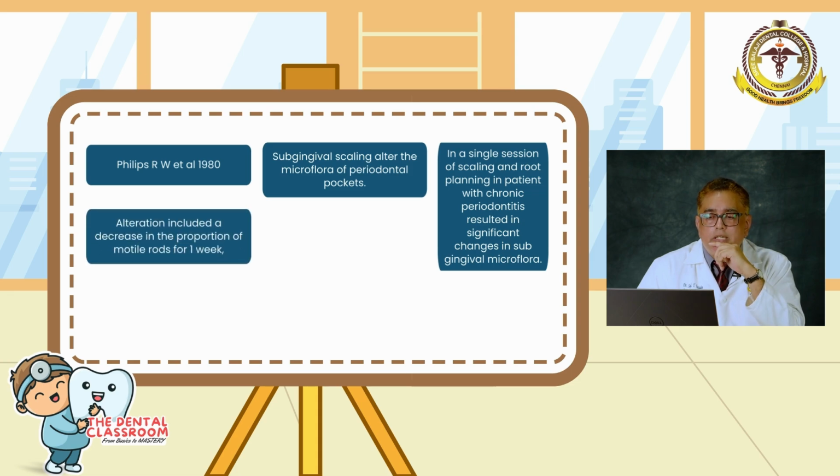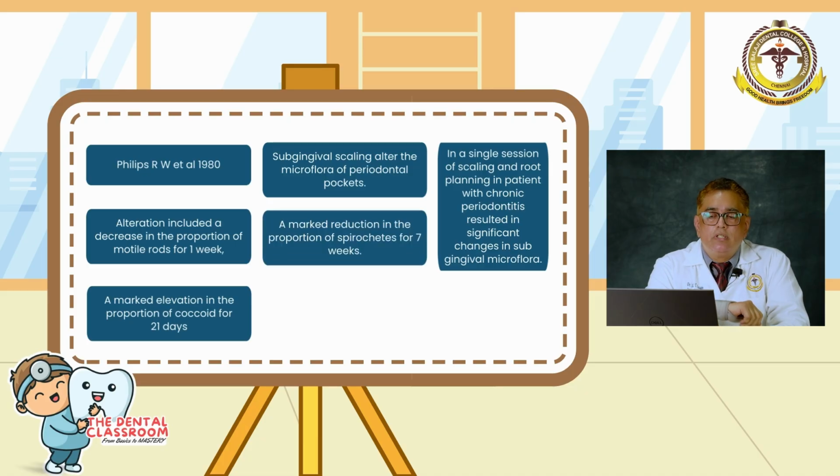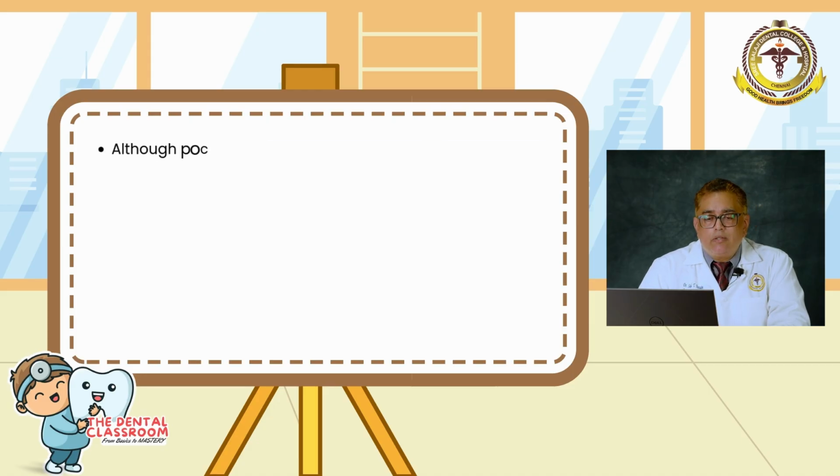Alterations included a decrease in the proportion of motile rods for 1 week, and an elevation in the proportion of coccoid forms for 21 days. A marked reduction in the proportion of spirochetes lasted for 7 weeks. So this was reported by Phillips R. et al. in 1980.